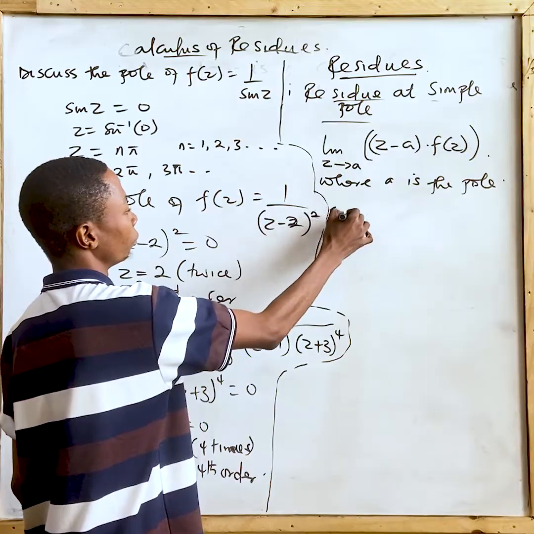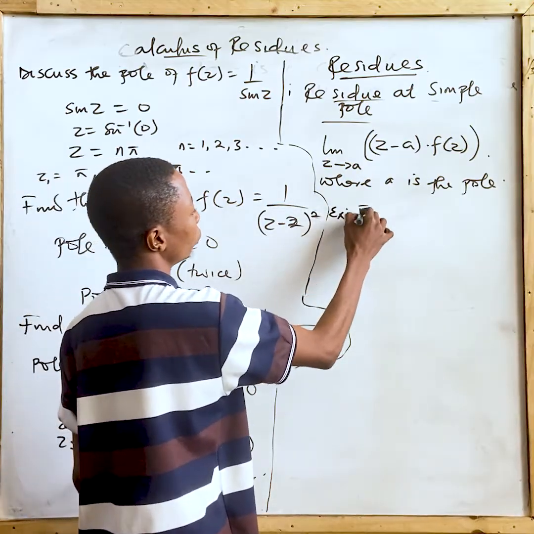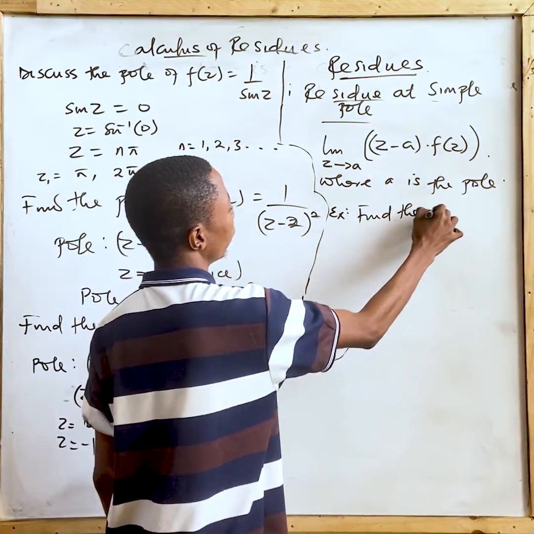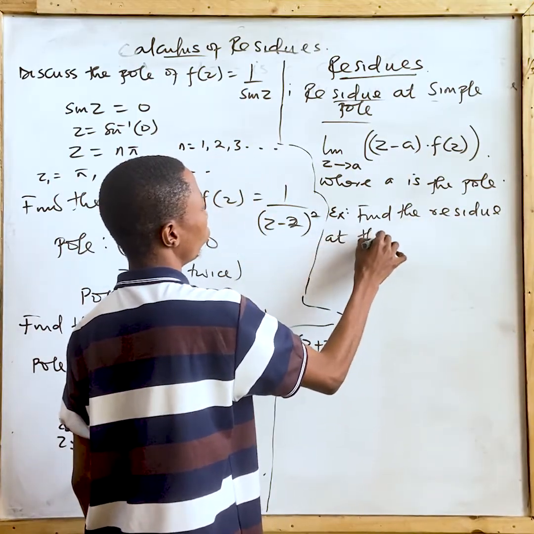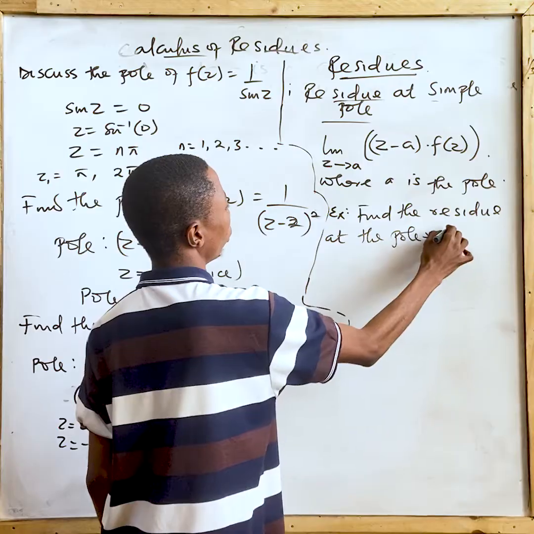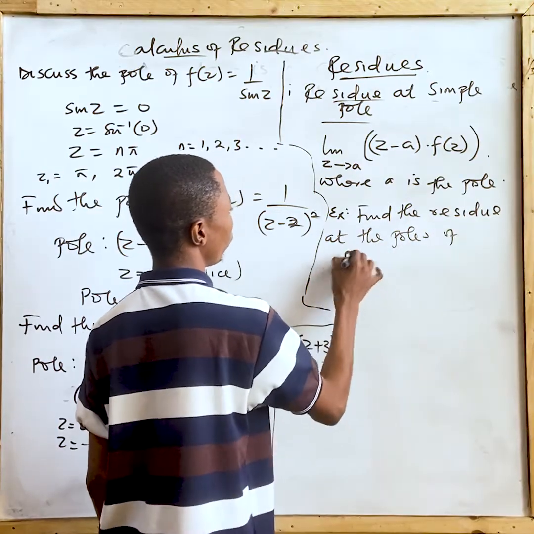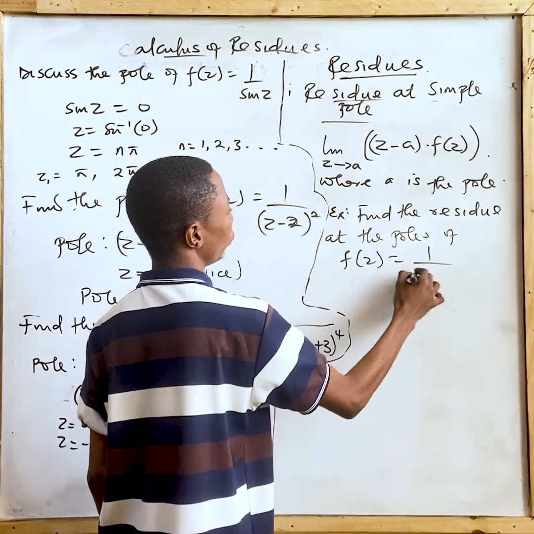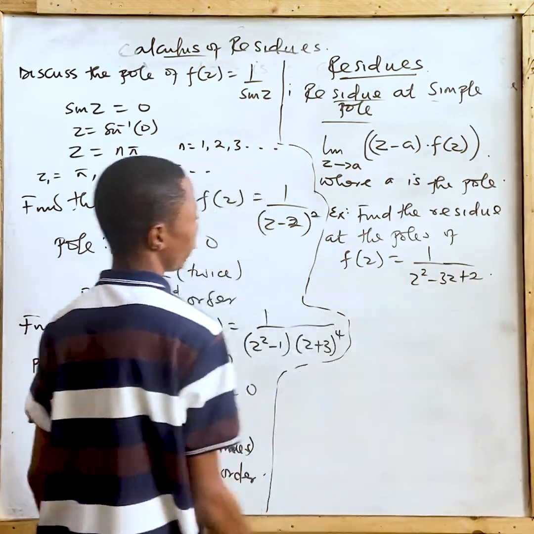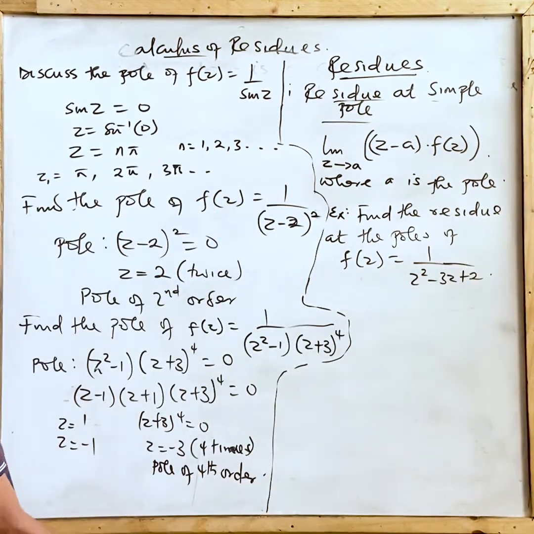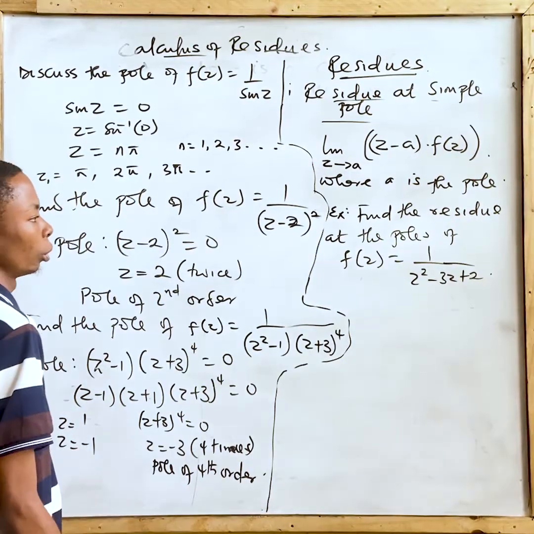For example, let's find the residue at the poles of this function: f of z equals 1 over (z squared minus 3z plus 2).